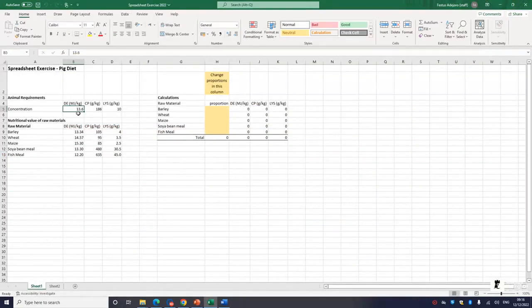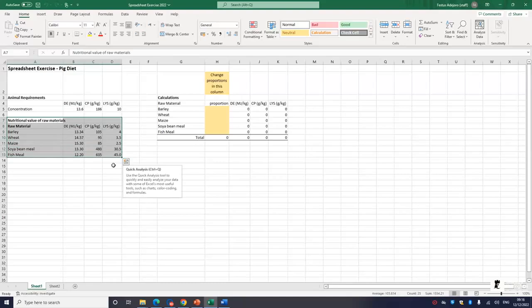The animal has a requirement of 13.6 digestible energy in terms of megajoule per kg, crude protein of 186 gram per kg, and lysine 10 gram per kg. By now you know the conversion of gram per kg to percentage. These are the ingredients available: barley, wheat, maize, soybean meal, and fish meal.